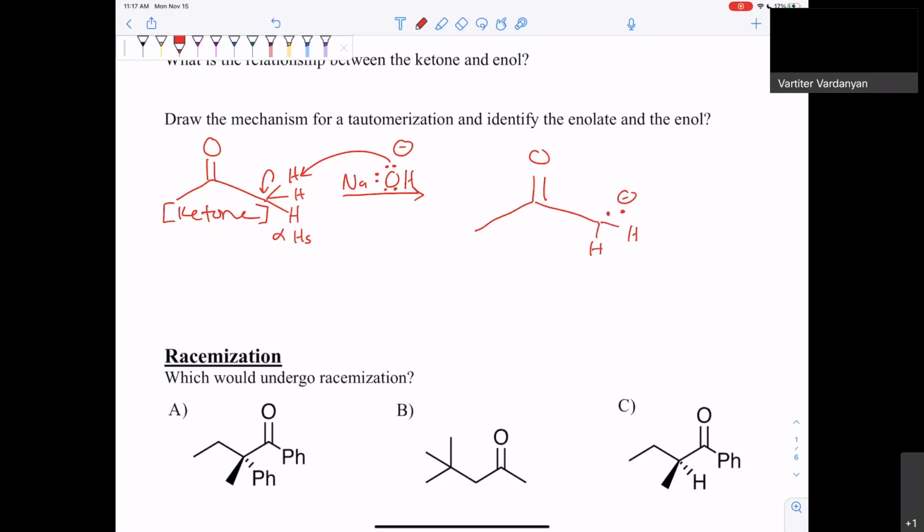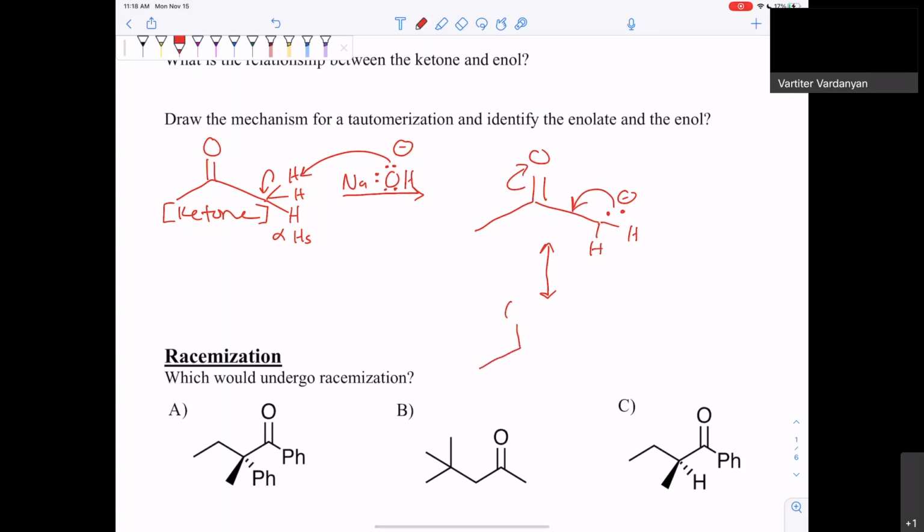And now at this point, there's not really much to do. We're going to do some resonance because we know that oxygen holds a charge better than carbon. So let's just pass that charge along.